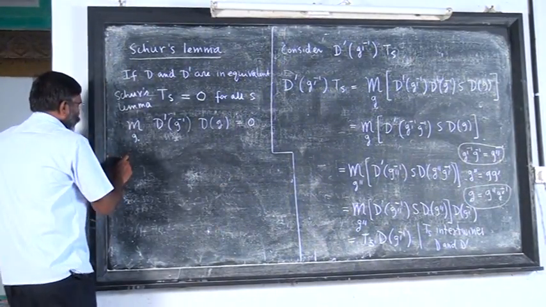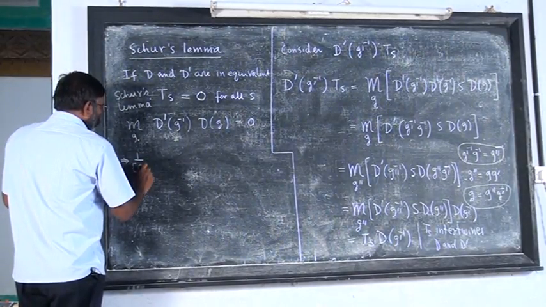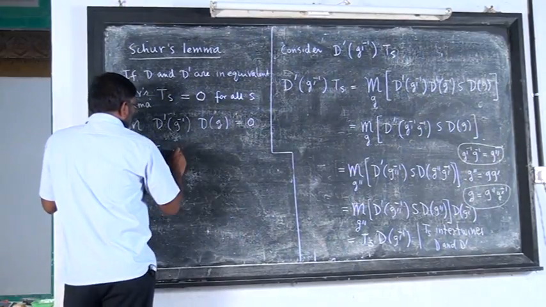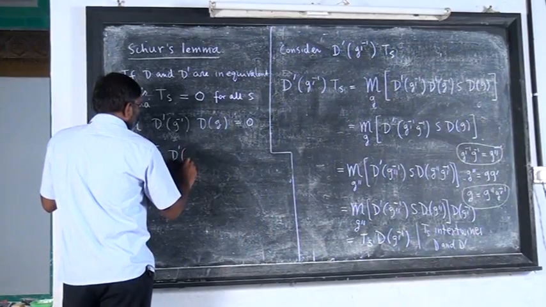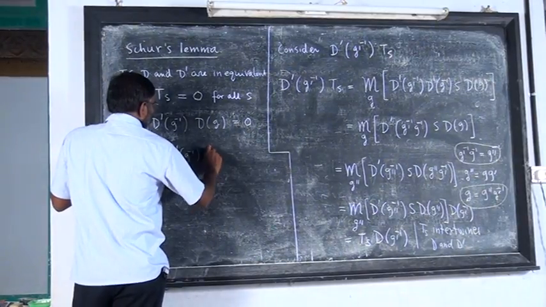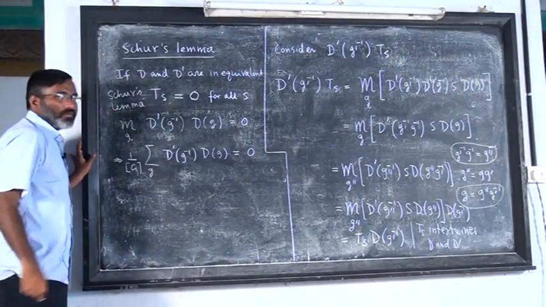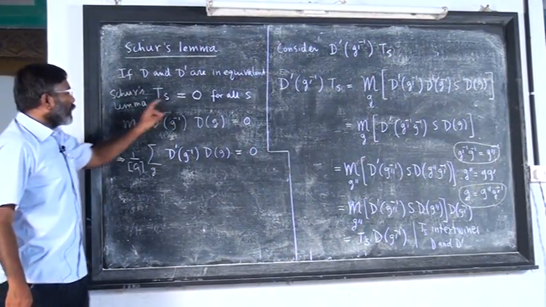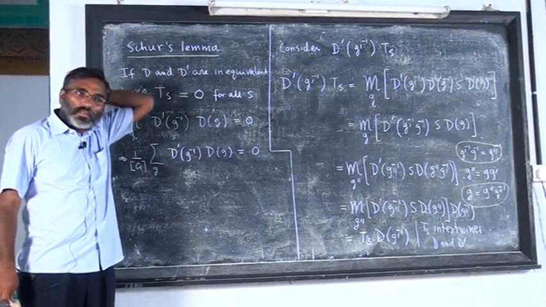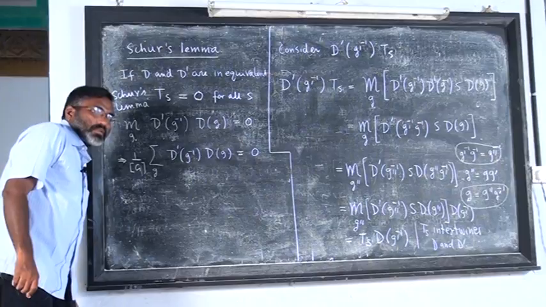This implies 1 over order of the group sum over all the group elements D prime of G inverse into D of G is equal to 0. That's what, since it is true for all S, I will take S as identity. D prime of G inverse into D of G is equal to 0.